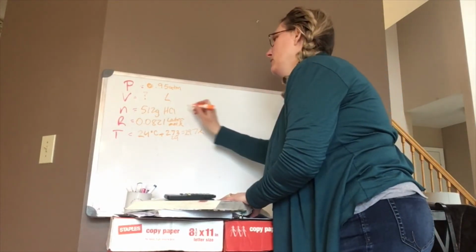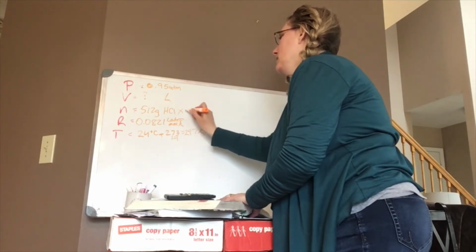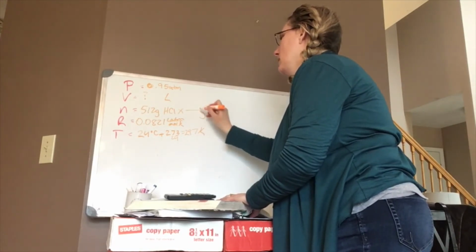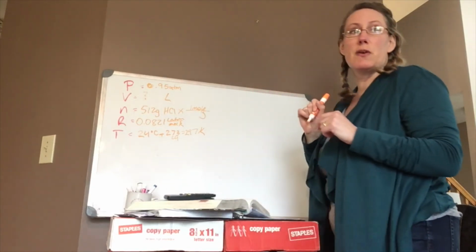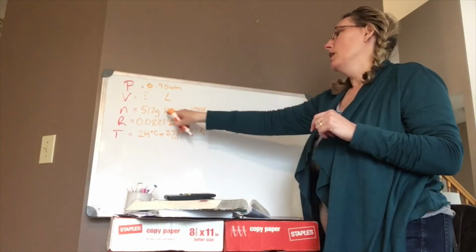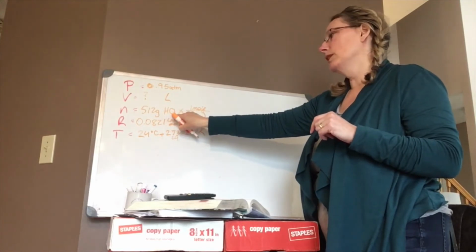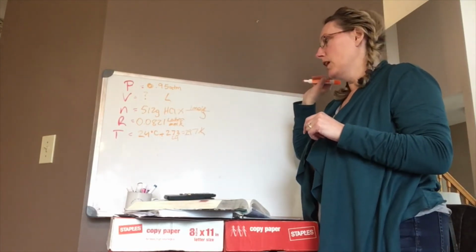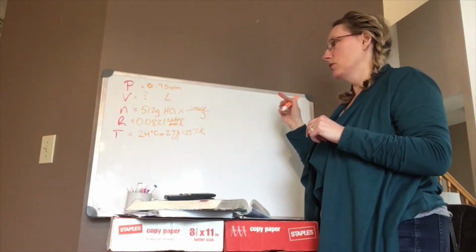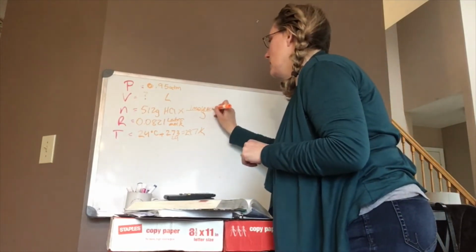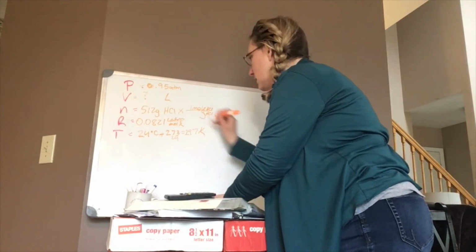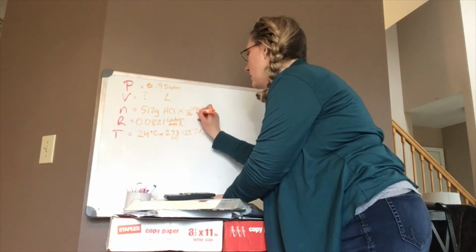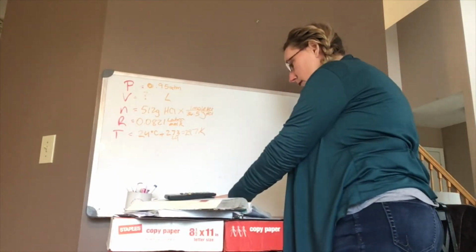Then we've got to convert this to moles. How do we do that? We're going to multiply such that my grams cancel out and my moles are on top. Where do I get my grams? My handy dandy periodic table. I'm going to look how much hydrogen weighs, how much chlorine weighs, and find out how much 1 mole of hydrogen chloride is. If I add those two things together, I get 36.5 grams of HCl.